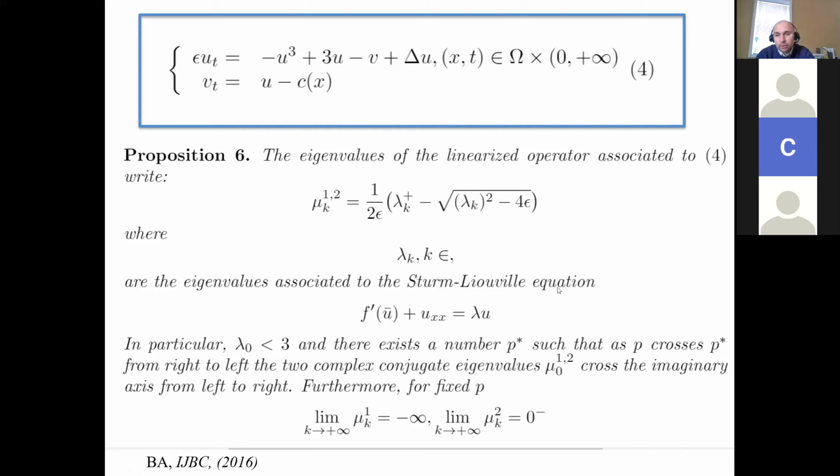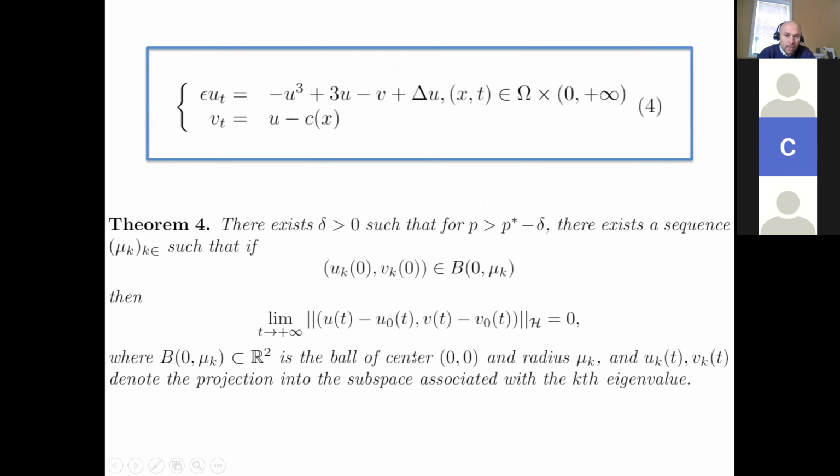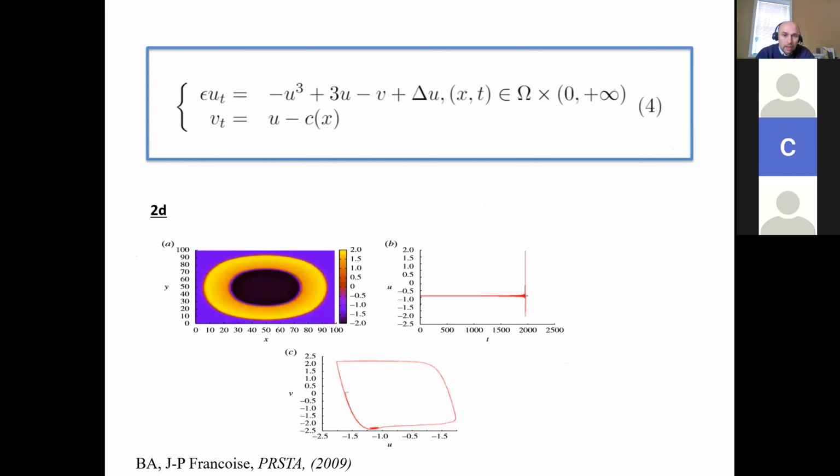But you can prove that you have a Hopf bifurcation, and you have this local stability result. But things are more complicated because here you have a dependence on x. And this is the same thing in a two-dimensional setting.